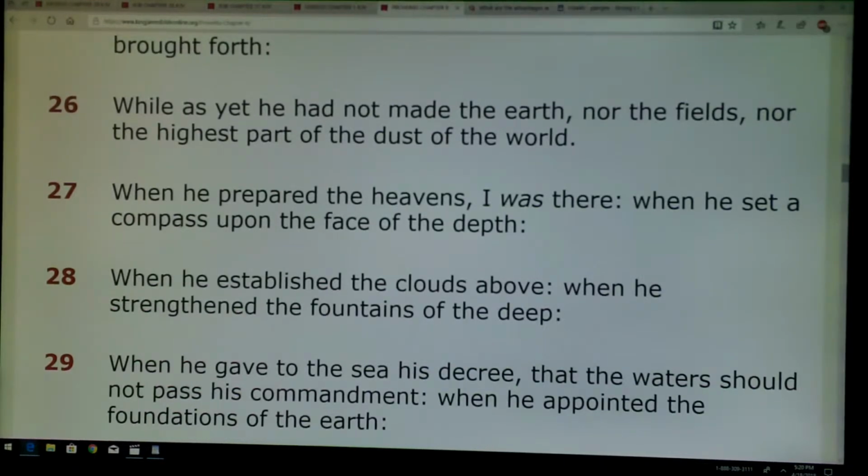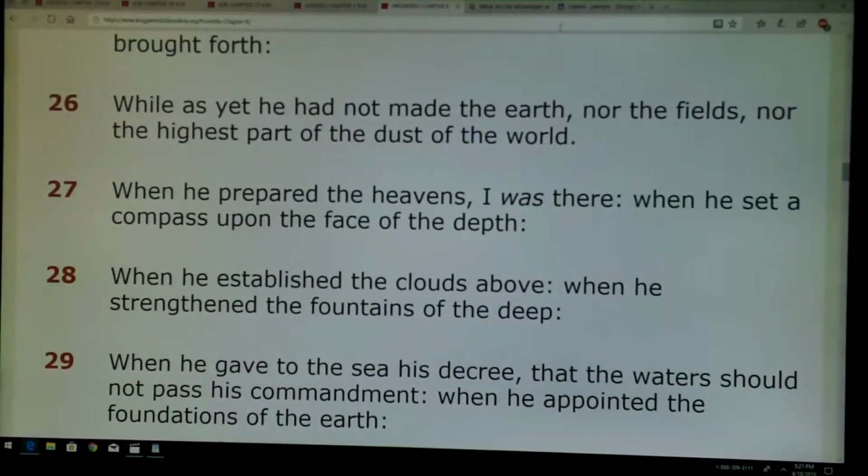So he made it circular. He put a compass on it and etched it in the earth. The great architect of the earth, he made a compass on the face of the deep, so it's circular like a pizza. And the earth comes out of that water, and it holds all the water in that circle, in the face of the deep. And the earth comes out of there, okay?